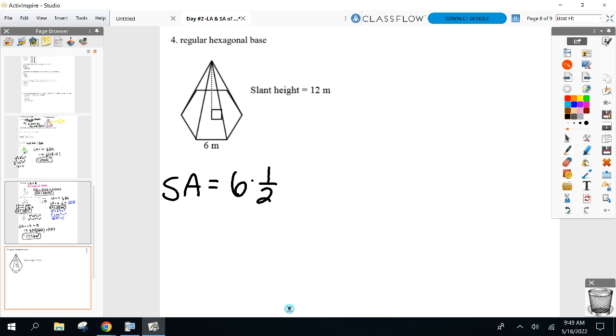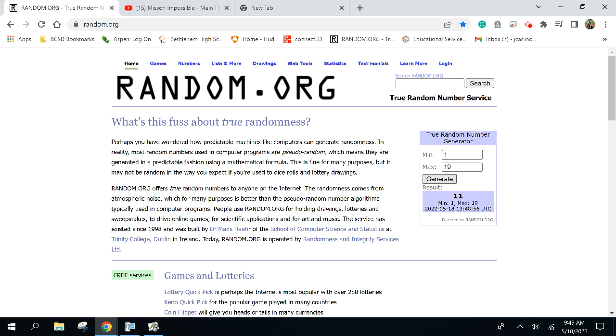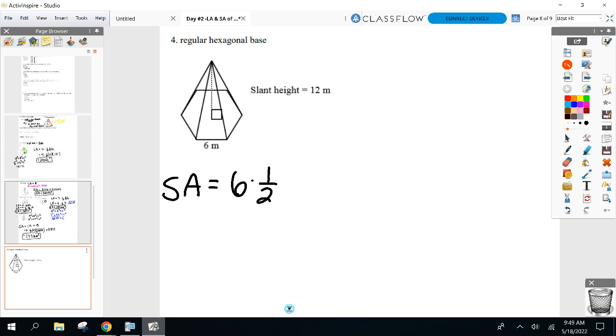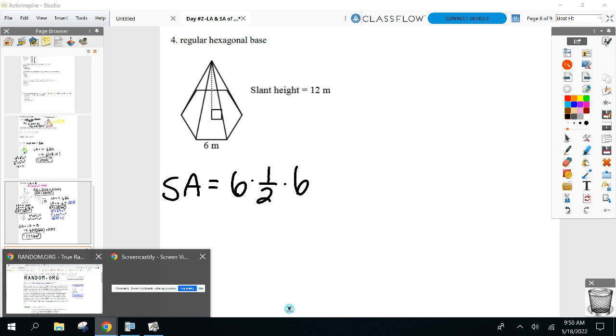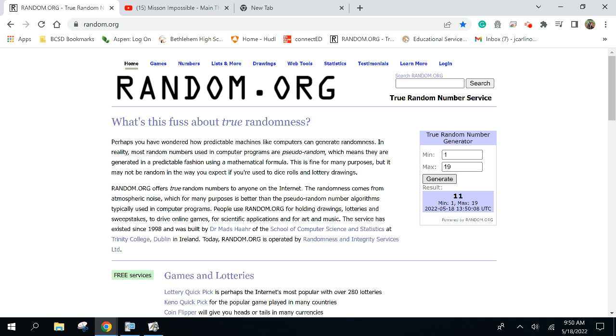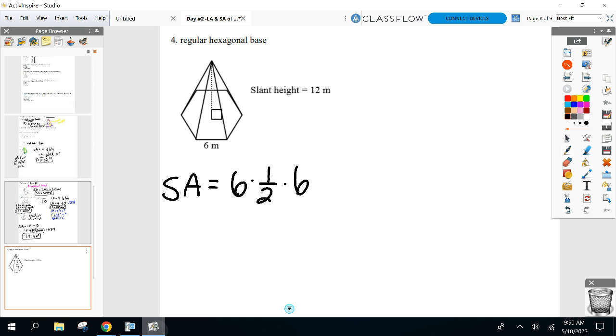What's the base length of one of those 6 triangles? 6, times the height of one of those 6 triangles. It's already there. It says, hey, slant height's 12. That's the height on one of the triangles. So is everybody good right here? This is the lateral area.